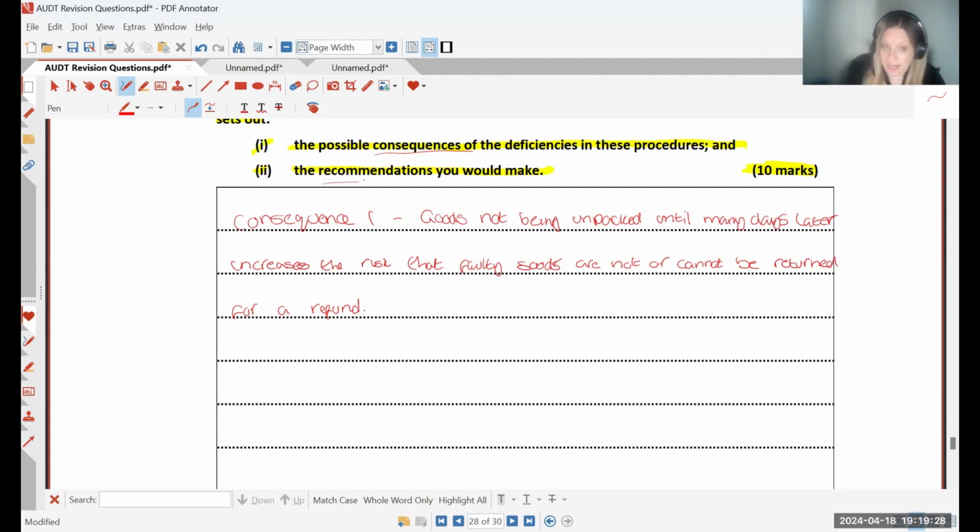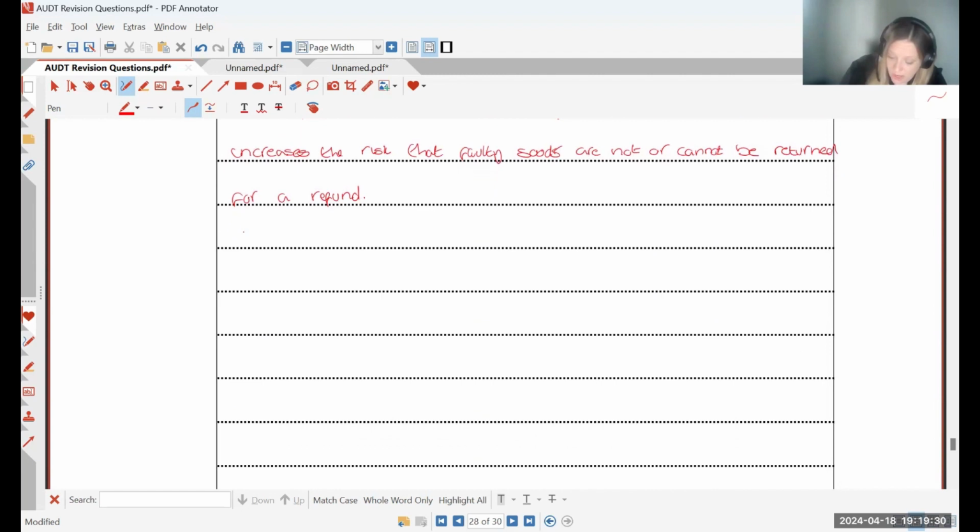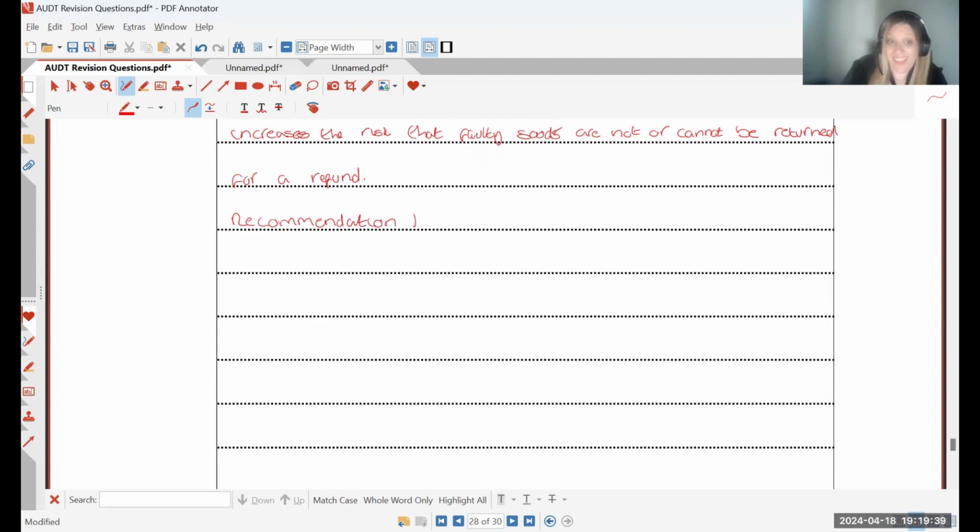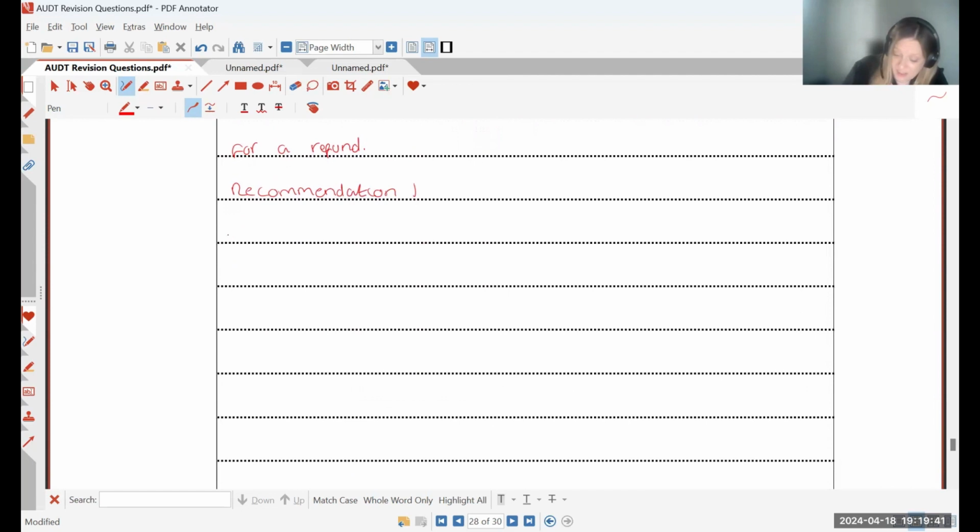Then we need a recommendation. So, new heading, recommendation number 1. Very simple. All goods are checked for damage soon after the delivery arrives.